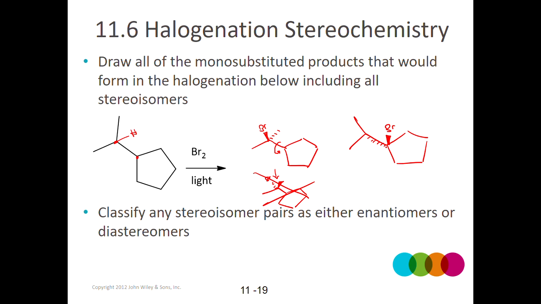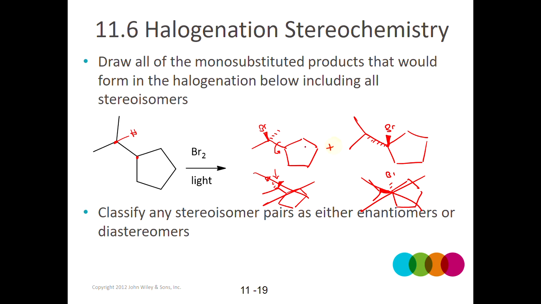Again, this is not a chiral center because this pathway around is the same as the other pathway around. I don't have 4 unique groups attached to that carbon. So if I take that structure and flip it over like a pancake, it would look like this. So these two structures, again, are identical. They're not different because there's no chiral center. So I don't need to draw both of them.